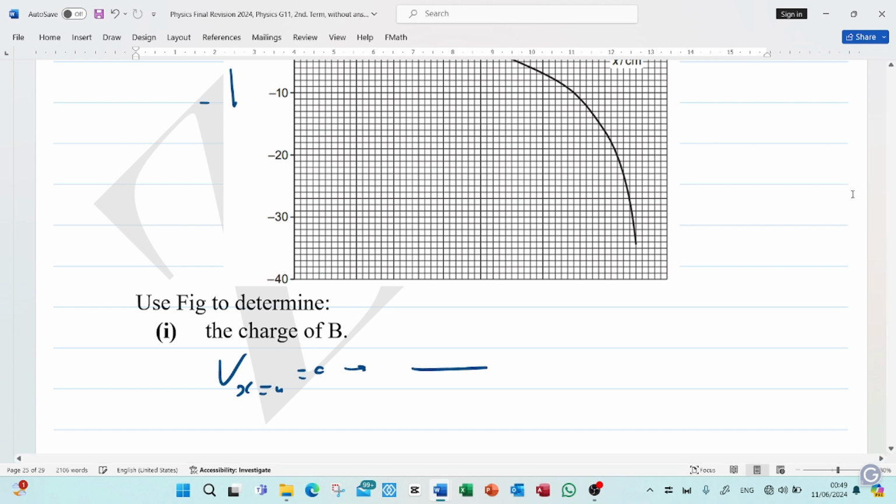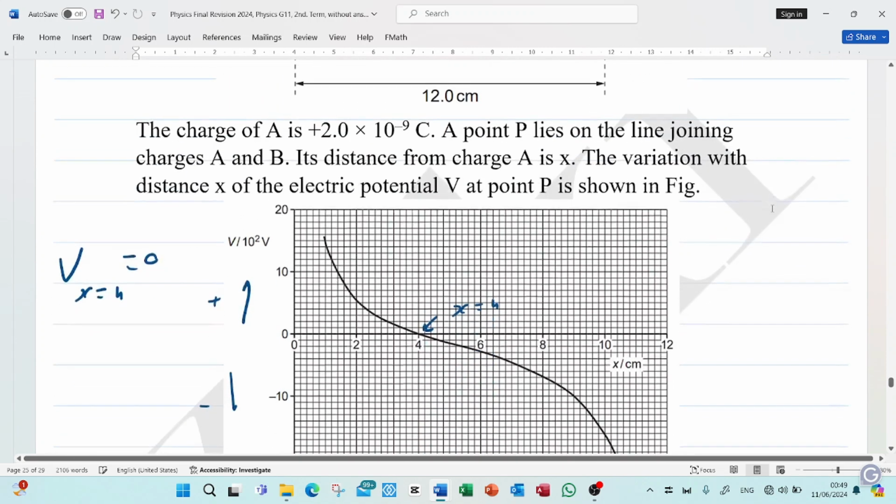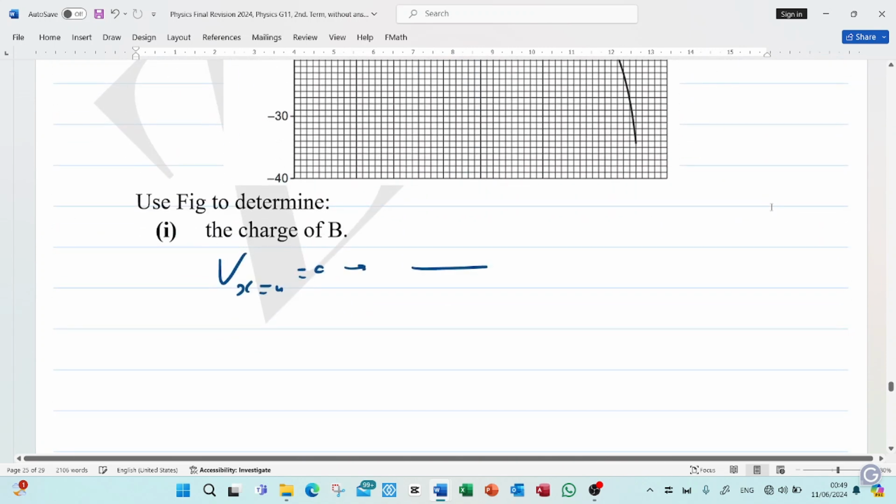So for A, we already have the charge of A, but we don't have the charge of B. We use the formula for V, remember? V equals Q over 4 pi epsilon naught r. Just use this formula for V. So the resultant voltage at x equals 4 is 0.